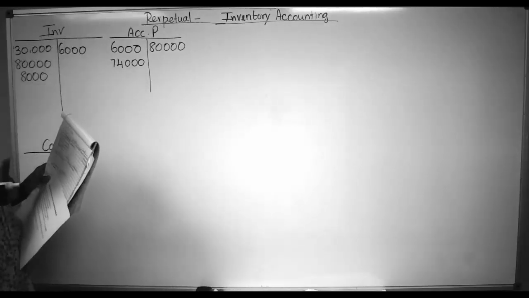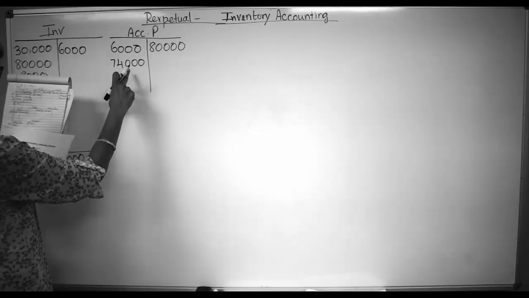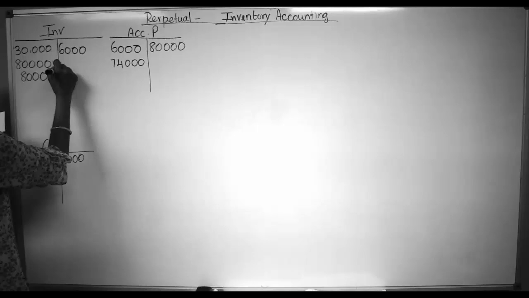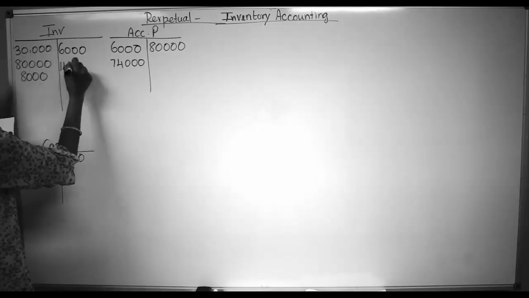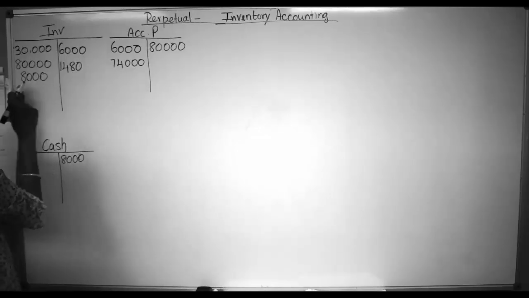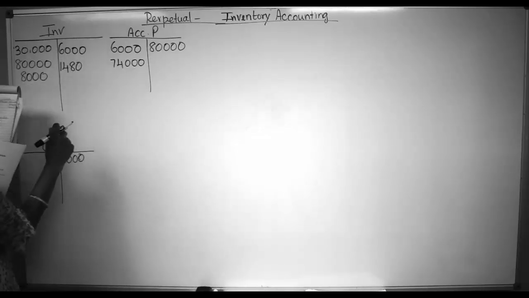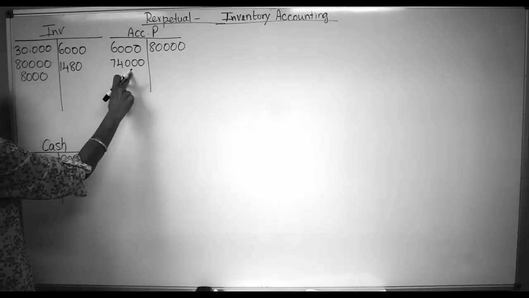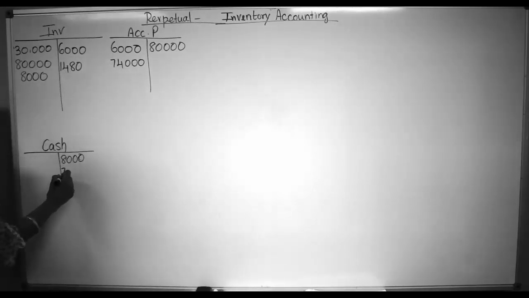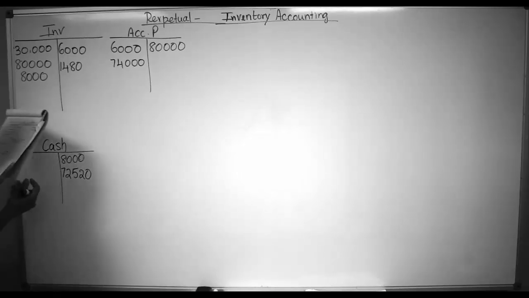The discount is 2% of the $74,000. That comes up to $1,480. So you credit inventory for $1,480 and you credit cash for $72,520, which is $74,000 of the accounts payable minus the discount.